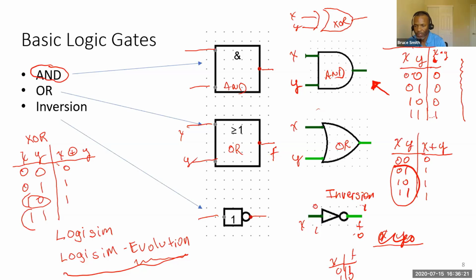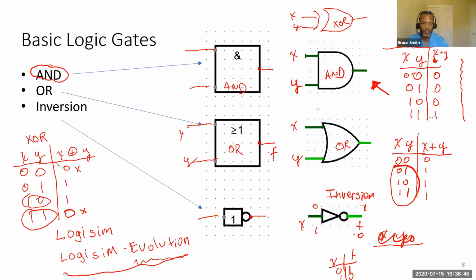Is it true that exclusively one of these is a 1? The answer is no. So an exclusive OR means that there's only a single one of the two and not both of them. An exclusive OR says exclusively one of those two bits is a 1.